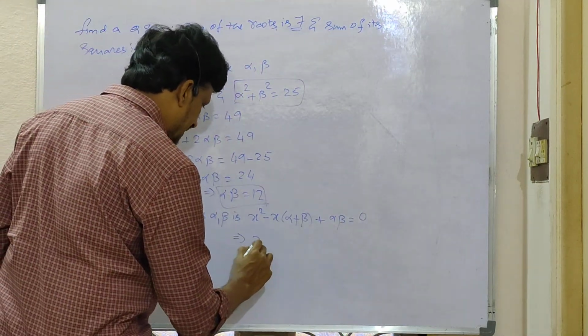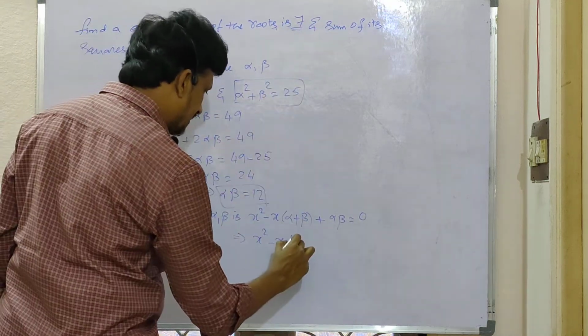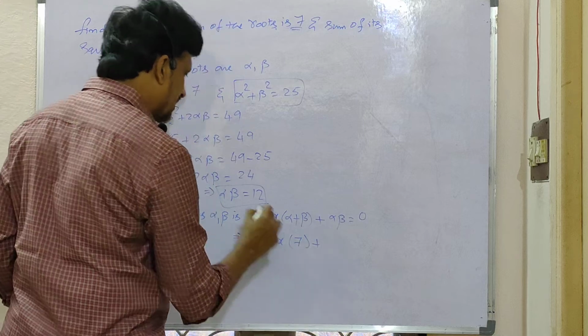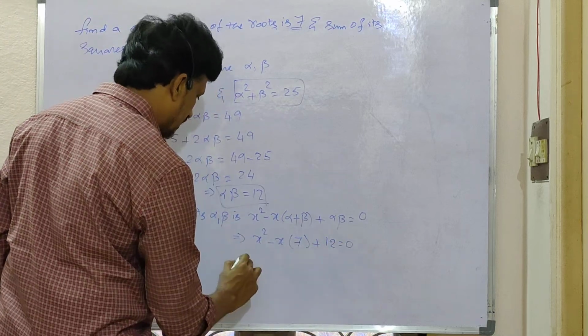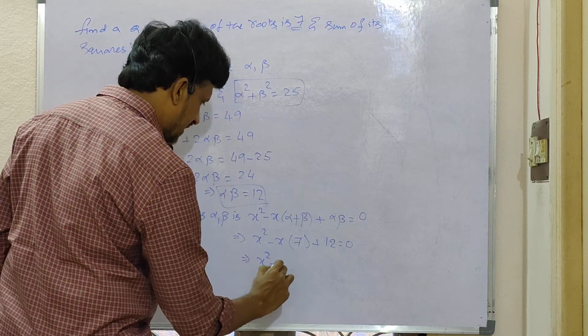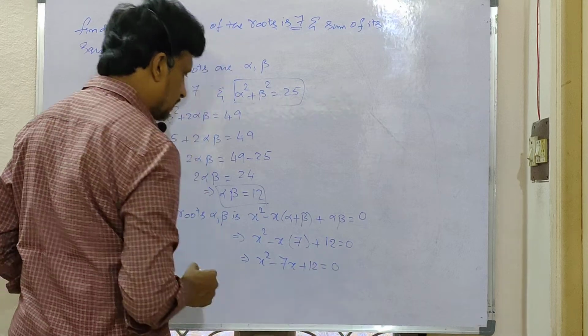That means the required one is x square minus x into the sum of the roots, which is 7 as given in the problem, plus the product of the roots alpha beta, which we calculated as 12. So the required equation is x square minus 7x plus 12 is equal to 0.